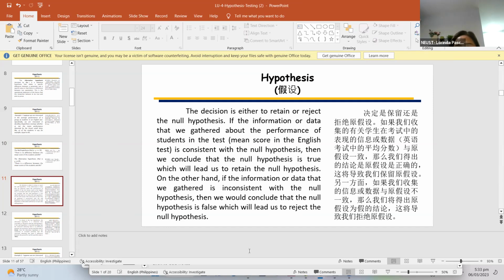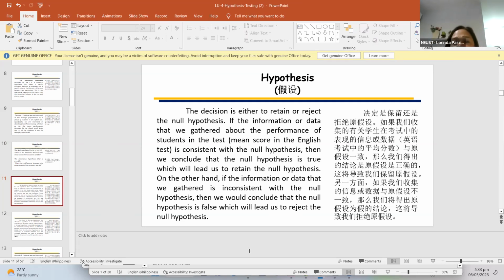But on the other hand, if the information or data that we gathered is inconsistent with the null hypothesis, then we would conclude that the null hypothesis is false, which will lead us to reject the null hypothesis. So it is all about retaining and rejecting the null hypothesis.